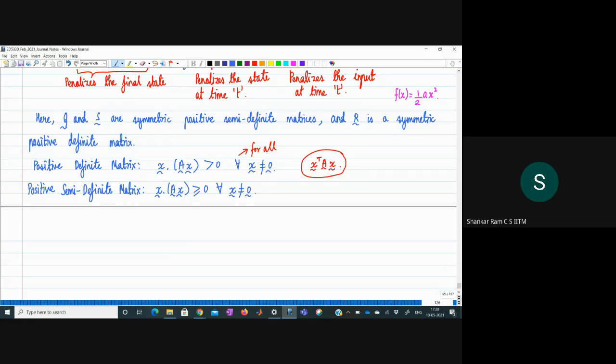So that's the subtle difference between a positive definite and a positive semi-definite matrix.